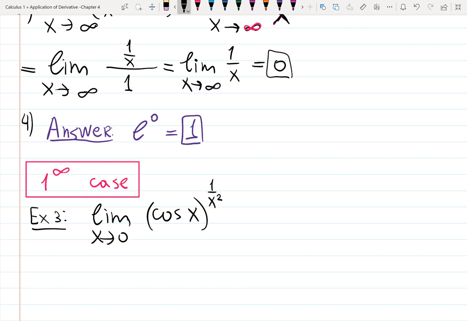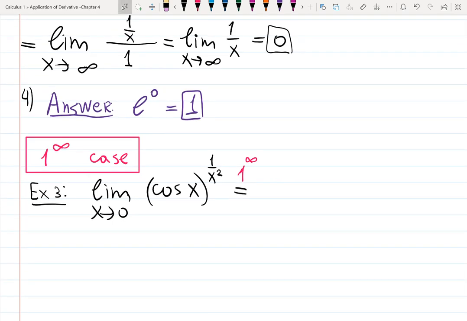Interesting example. Indeed, what else should we use to make 1 at the base? Well, there are several functions we can use, but cosine is convenient because at 0 it's 1. So cosine at 0 is 1, x squared at 0 is 0, but 1 over x squared at 0 is infinity. So that's 1 raised to the infinity case.